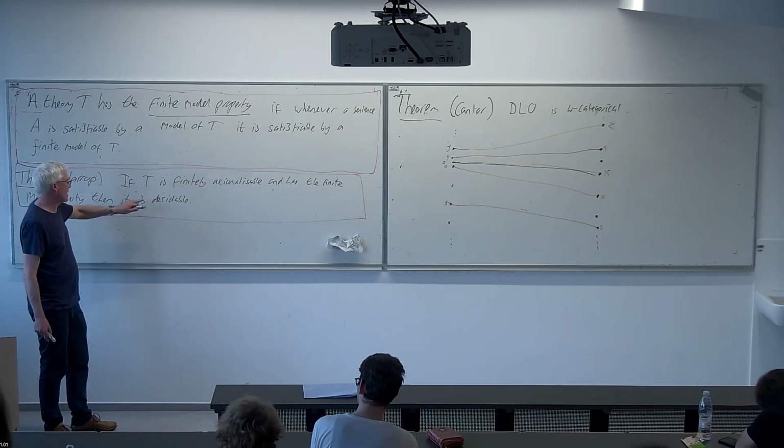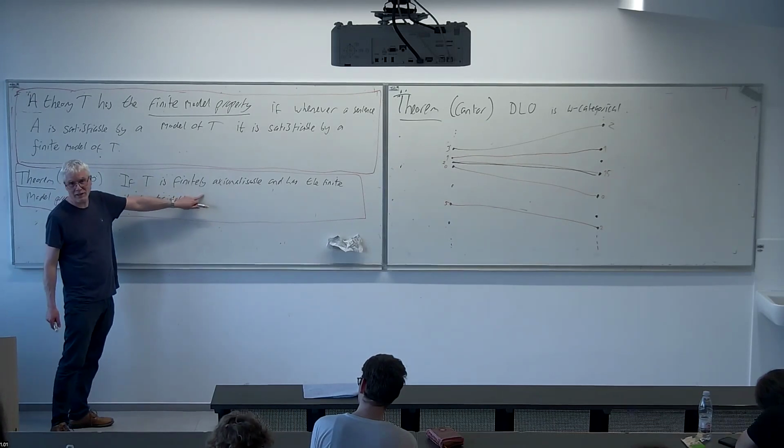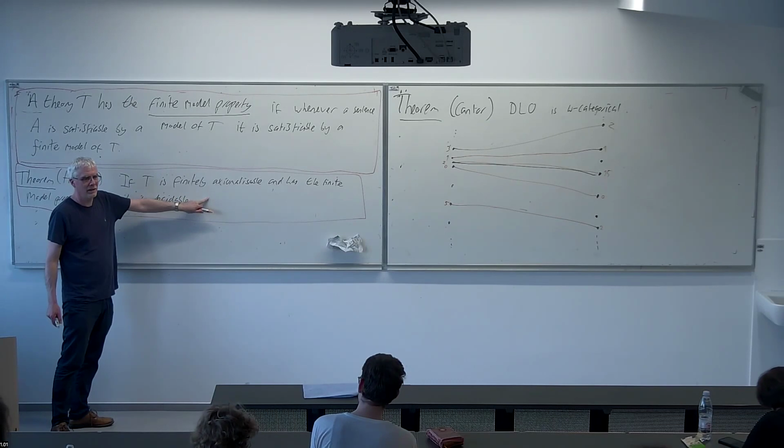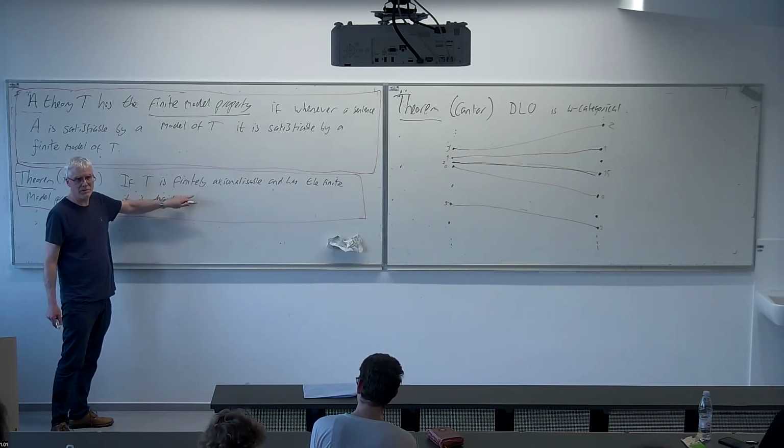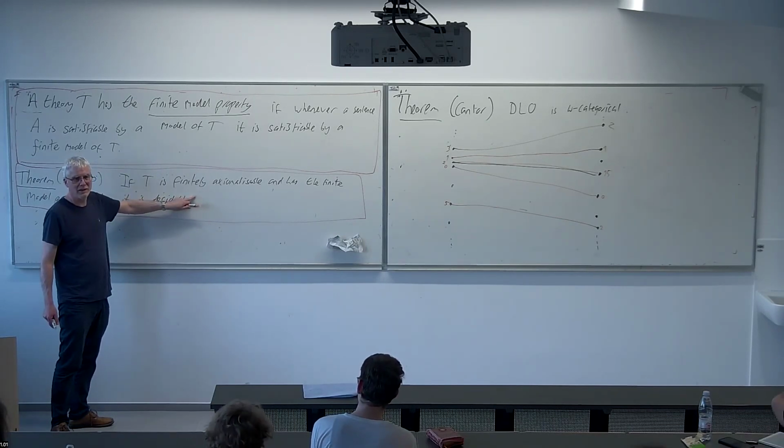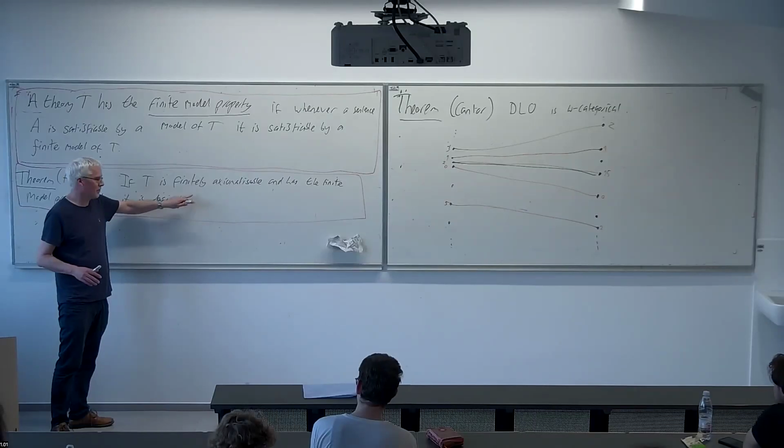The remark to make is that here we're saying finitely axiomatizable rather than computably axiomatizable. It's not generally true for computably axiomatizable theories. And for those of you who've done some computability theory, it's not that hard to find a counterexample.